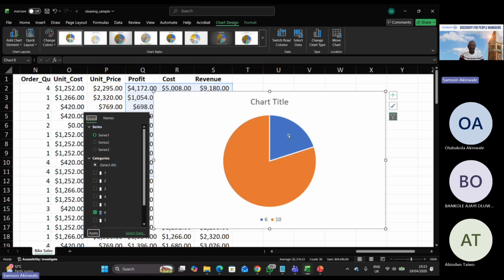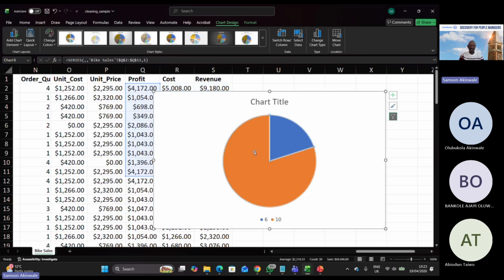So it's dividing these two, showing me the figure it is giving. It shows this 0.6 degree, and this one is a fraction of the other one. That is just how you can pick up any charts that you want.